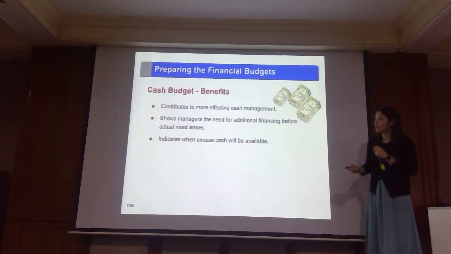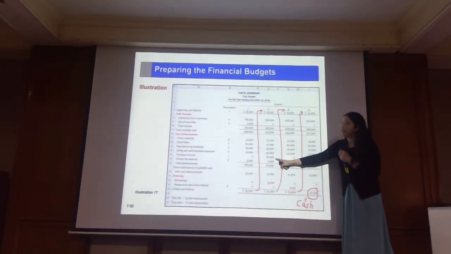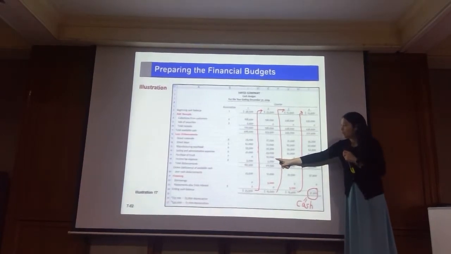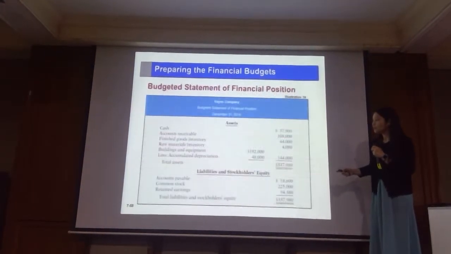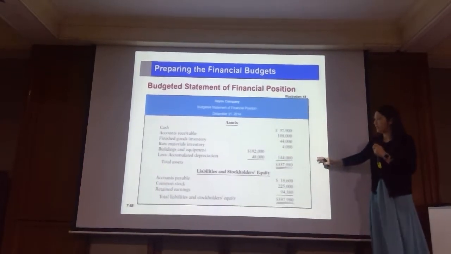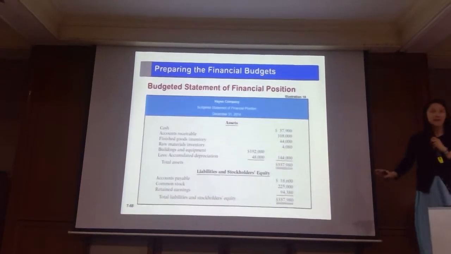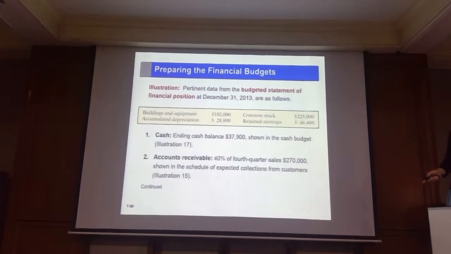It's because we purchased the truck. In the second quarter, we purchased the truck worth 10,000. So we just add 10,000 to our building and equipment. And the rest, maybe you can look at on your own.